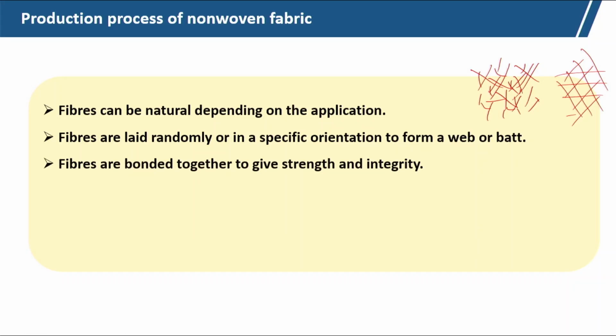Then fibers are bonded together to give strength and integrity. This bonding can be by mechanical bonding like needle punching, where this type of barbed needle penetrates through the web, where the intermingling or interaction between the fibers increases and fiber integrity increases.